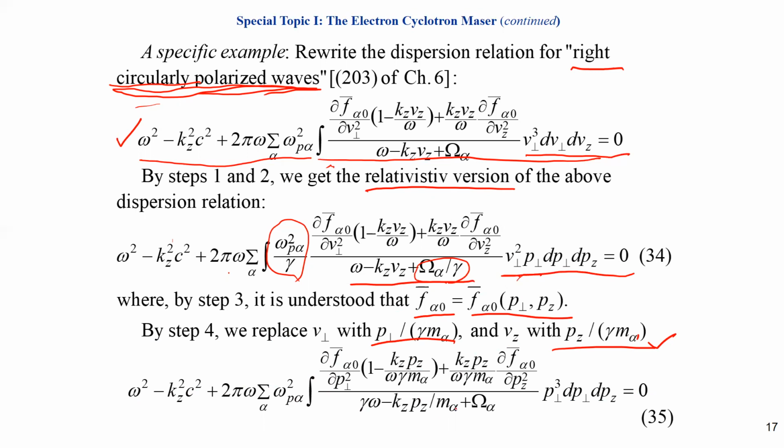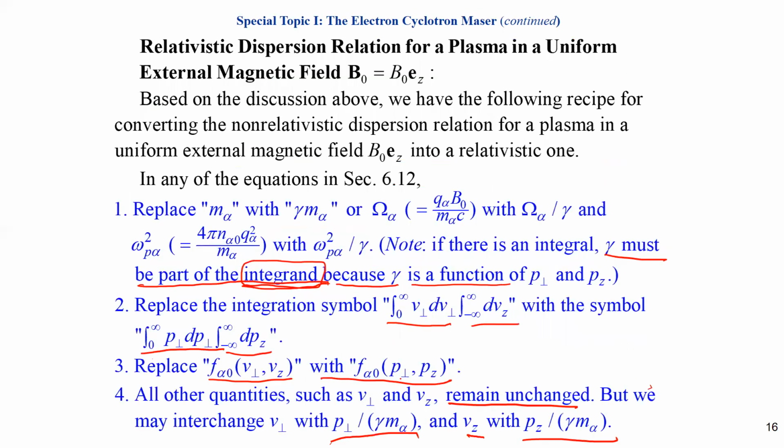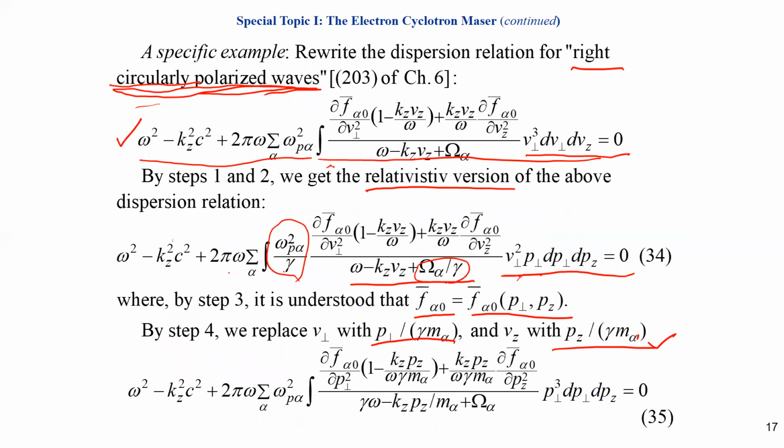Gamma is moved to here. Remember, gamma here must be part of the integral because gamma is a function of p. That is to say, gamma cannot be moved outside; gamma must be inside the integral factor. Then here VZ is replaced like this. Anything else to replace? Not here, this one is changed to this form. Okay. Then this is also replaced. Okay, mostly replaced. That's step 3.